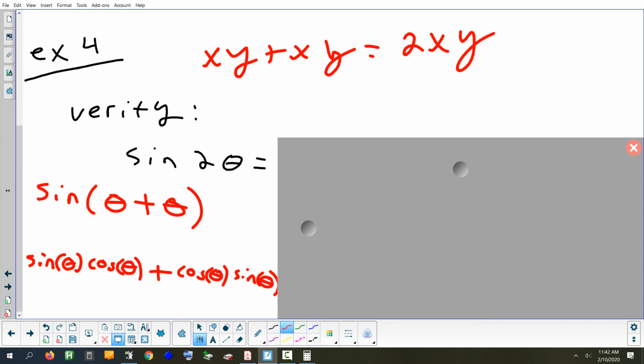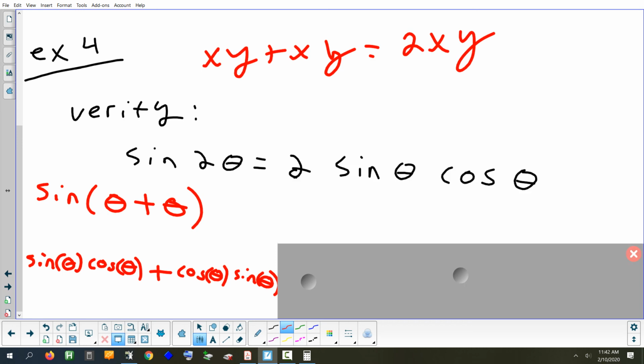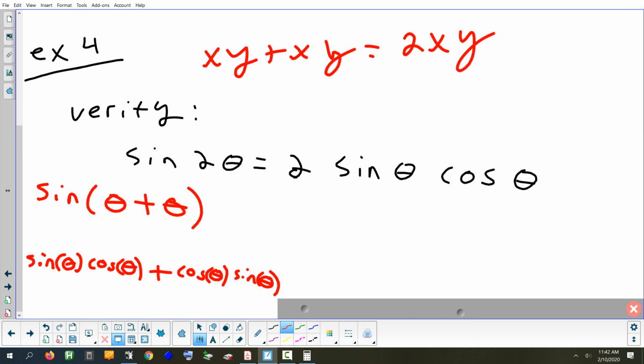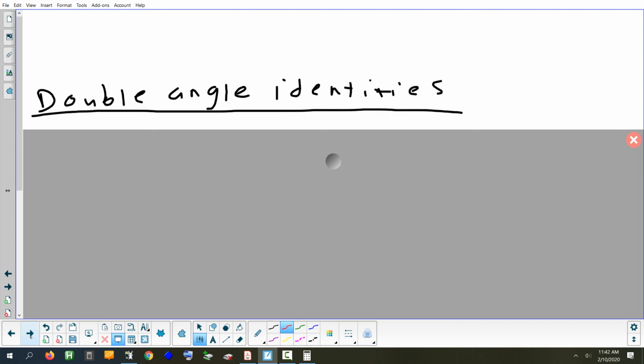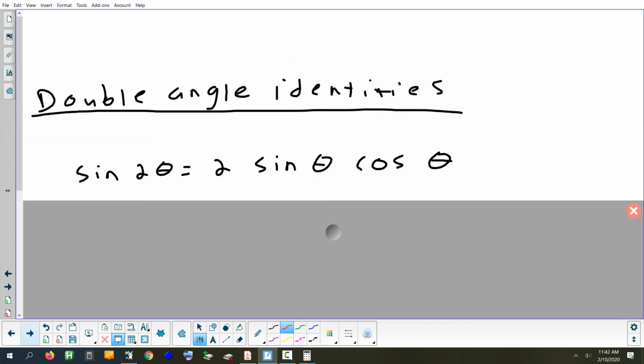So sine cosine plus cosine sine would be 2 sine cosine. And that one's very easy to identify by using the sine sum identity. So what that did is it got this 2 out of here. Now you just have a theta and a theta. So that's our double angle identity for sine, how you get rid of the 2.